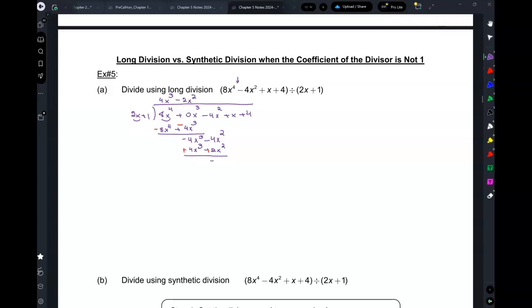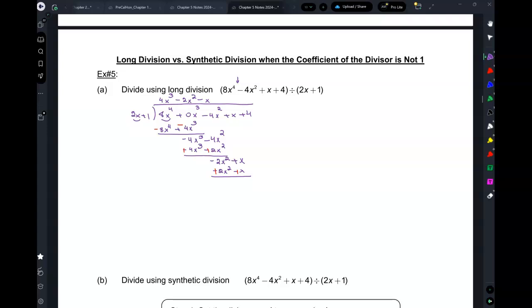It's negative 2x squared, right? Plus x. Now we get negative x. So negative 2x squared minus x. Add the two. I'm sorry, change the signs. Oh, I got 0.